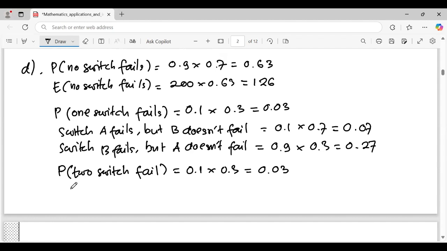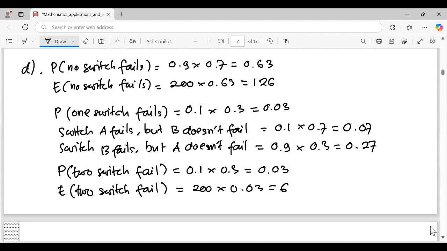And the expected failure, just now I will calculate as well. The expected failure of two switch fail is 200 times 0.03. It is 6.